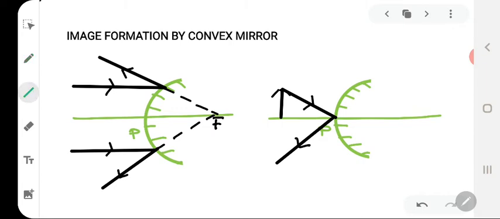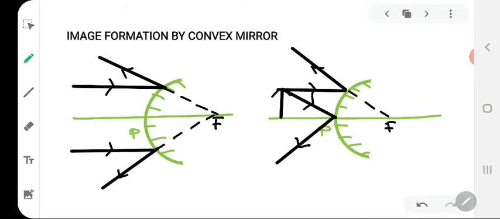And let us consider the second special ray which is traveling parallel to the principal axis, and after suffering reflection it will travel as if coming out of the focus. You can produce it backward and obtain the position.